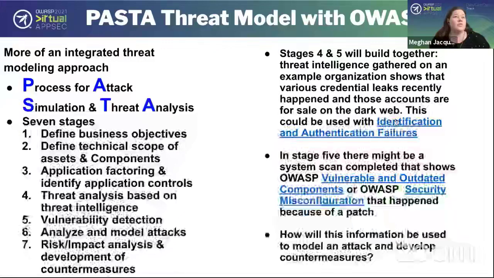They could be used once one is in the system for privilege escalation as well. So the Colonial Pipeline was through a VPN access account, through VPN login from a credential leak. In stage 5, we also then might do a vulnerability scan.